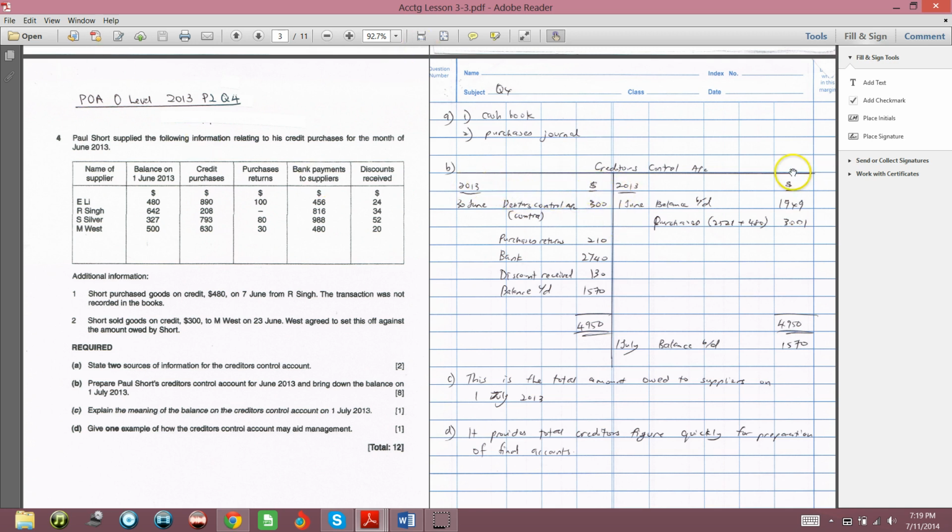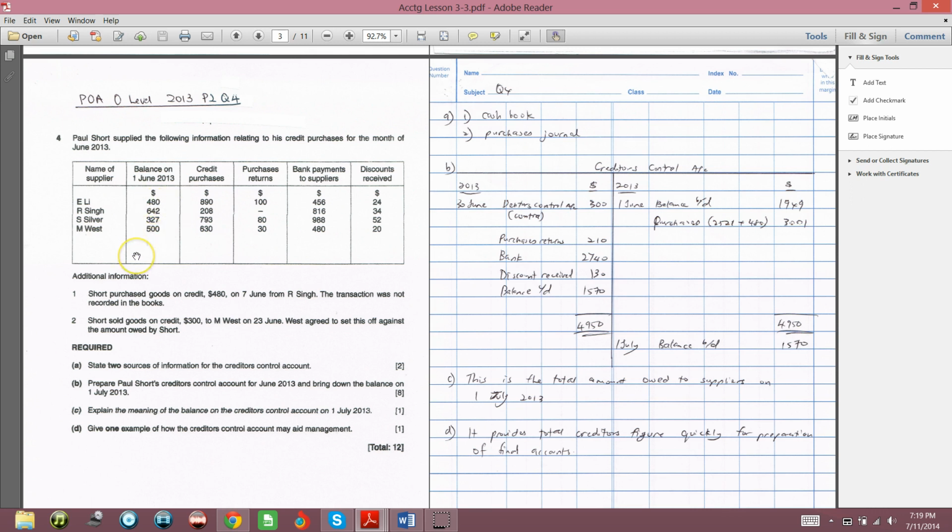Okay, so I will do up the structure for creditors control account. So this is 2013. I label it and I put a $ here. I don't panic. I just do it step by step. I don't jump the step. Okay. So this is balance on 1 June 2013.